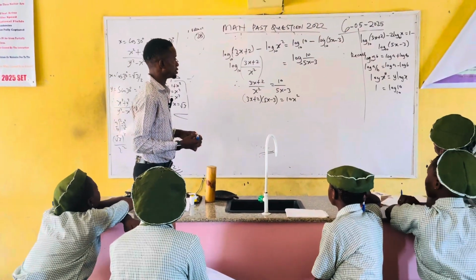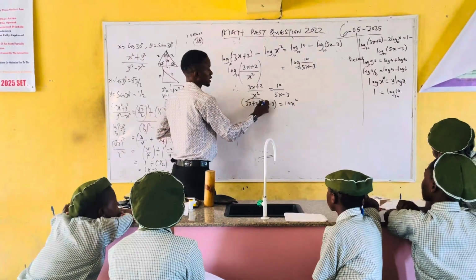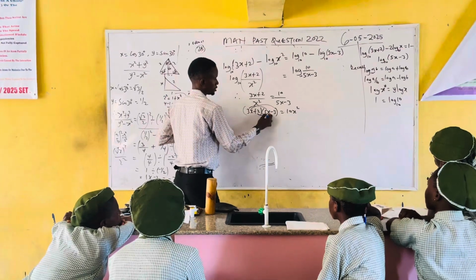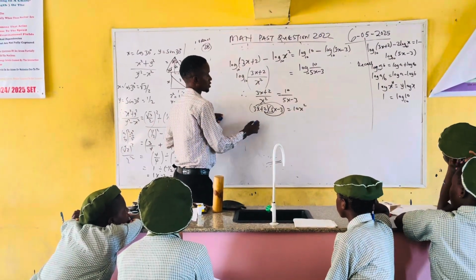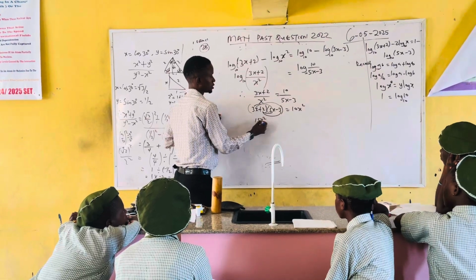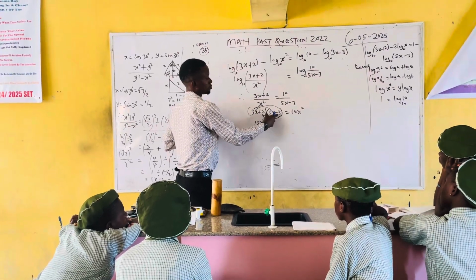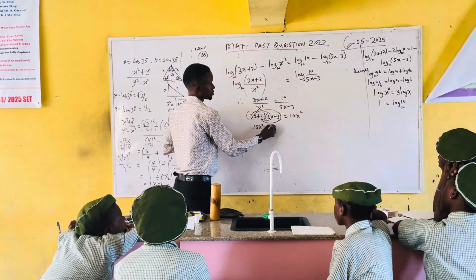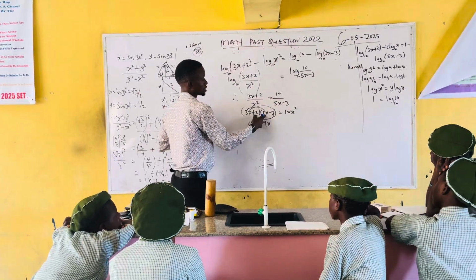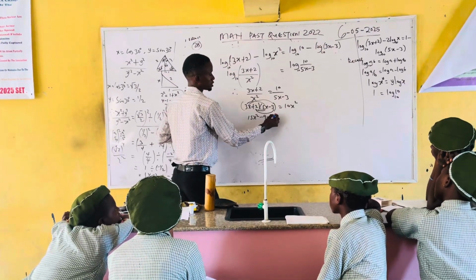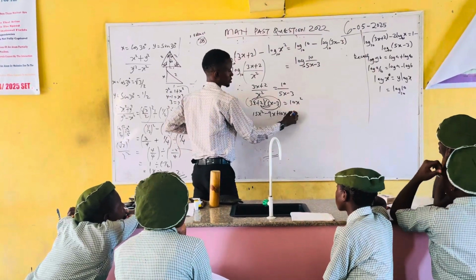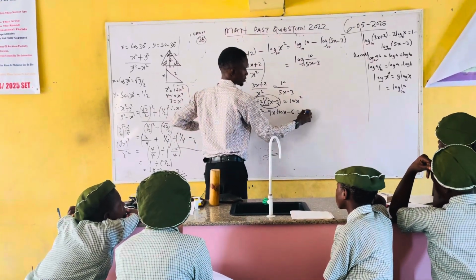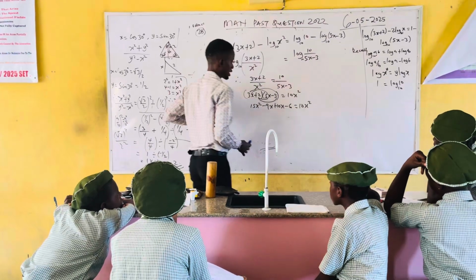So let's expand. This times this and this and what? 3x times 5x, that's 15x squared. 3x times minus 3, that's minus 9x. 2 times 5x, that's 10x. Then 2 times minus 3 is minus 6, equals 10x squared.